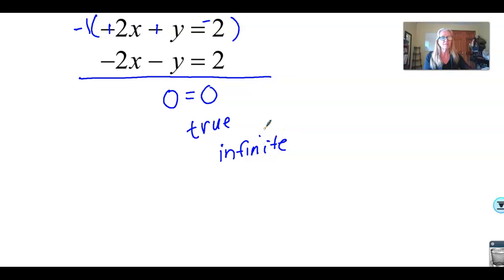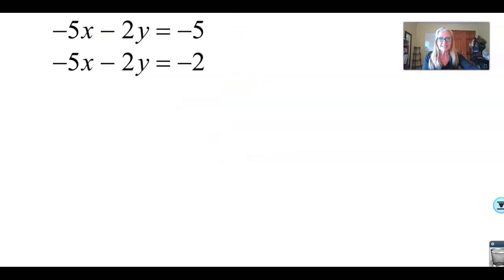I bet you can guess what's going to happen in the last example. Well, let's see. Again, we have identical terms. So when we have identical terms, we multiply one of the equations by -1. That will make this positive, and this positive.